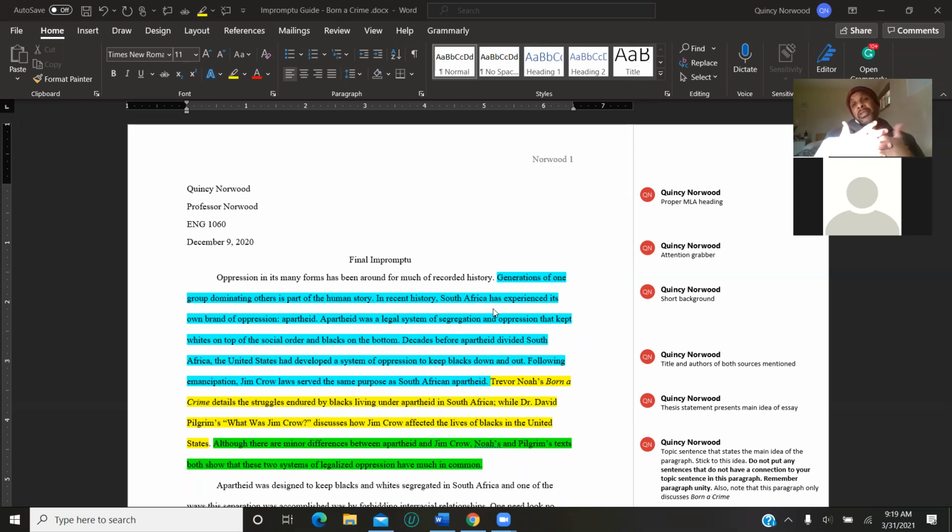So you can reflect on those commonalities before you even get into the specifics of the book and the article themselves. Generations of one group dominating others is part of the human story. In recent history, South Africa has experienced its own brand of oppression, apartheid. When I say recent history, I'm kind of oldish, so recent for me is the 80s.